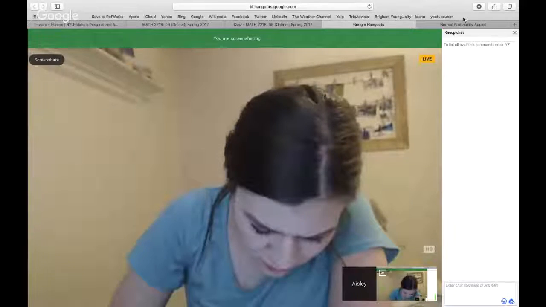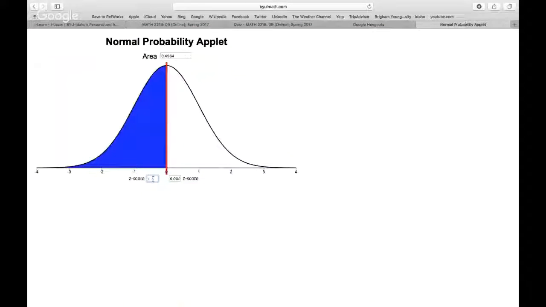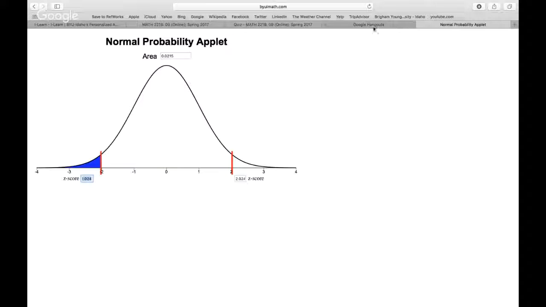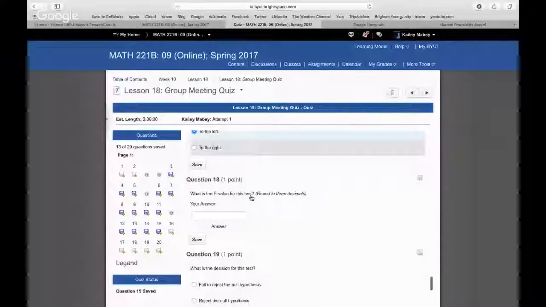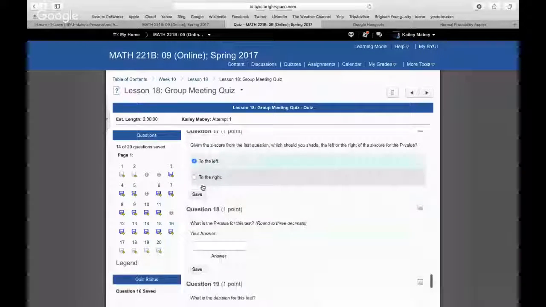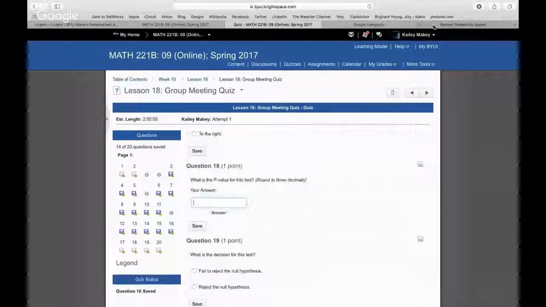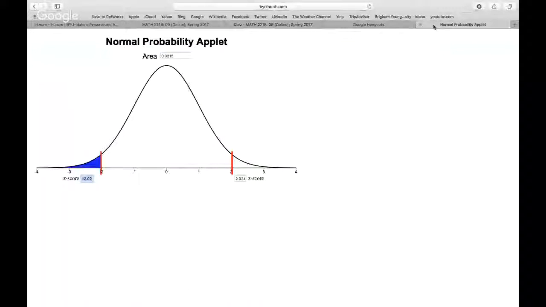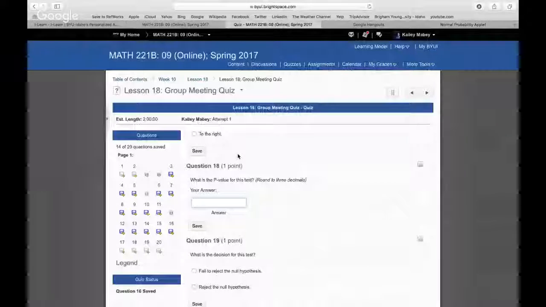Okay. That was annoying. I know, that kind of sucked. So that should be negative 2.024. And then I shade to the left, and my p-value is 0.0215. Wait, why did I get negative 2.026 this time?